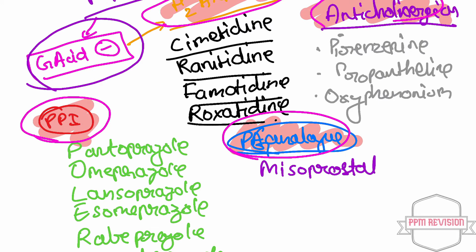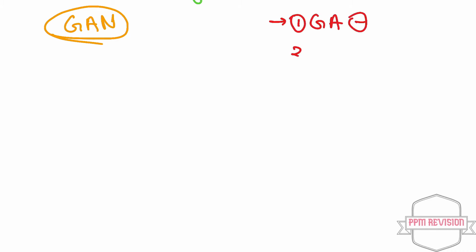prostaglandin analogs. Now moving on to the other category, we can call it the gastric acid neutralizers. So before I go ahead, let me just make it clear. The broad headings are: first one, gastric acid inhibitors. Second, if you are inhibiting the gastric acid, other thing you can do is you can neutralize it.